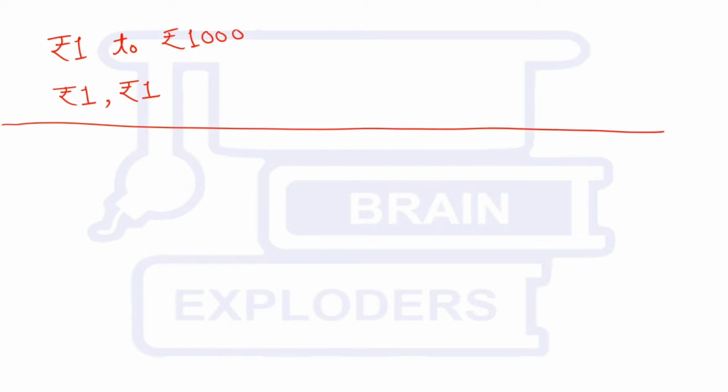Now we can pay rupees 1 in two ways: the first currency note of rupee 1 or the other. If we have to pay rupees 2, we can do it in one way like rupee 1 plus rupee 1. If we have to pay it in another way, we must include one more currency note of rupees 2.